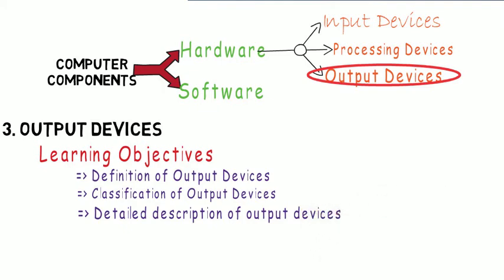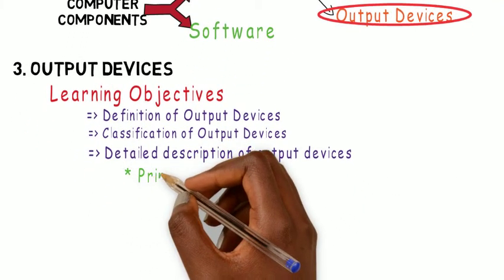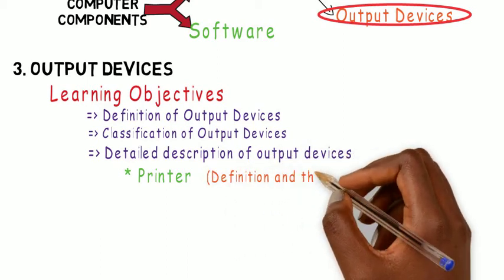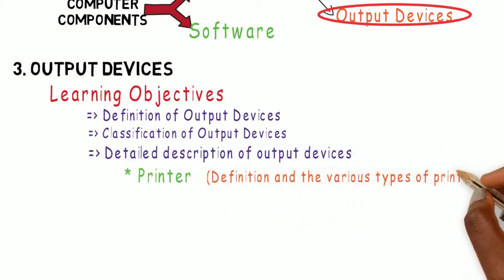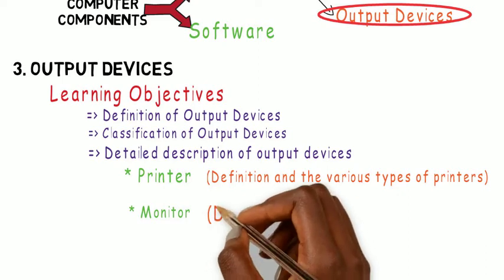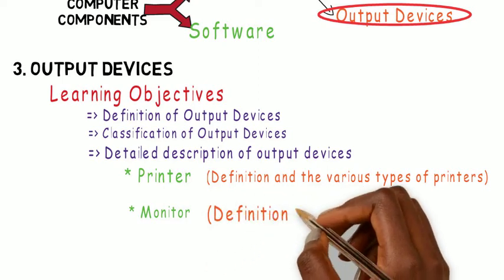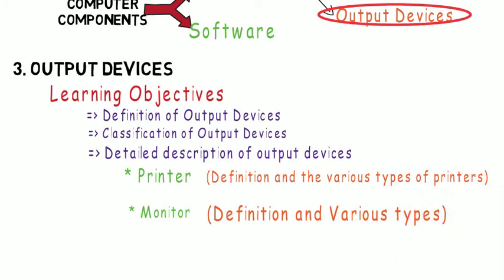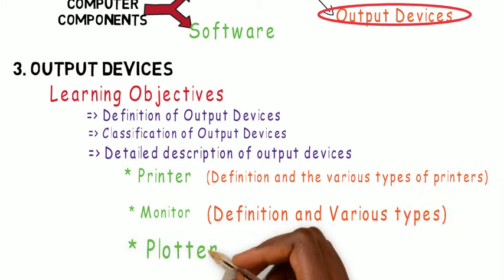For example, when talking about the printer, we should be able to define a printer and give the various types of printers. When talking about the monitor as well, we should be able to define a monitor and name the different types of monitor. The same thing with a plotter.